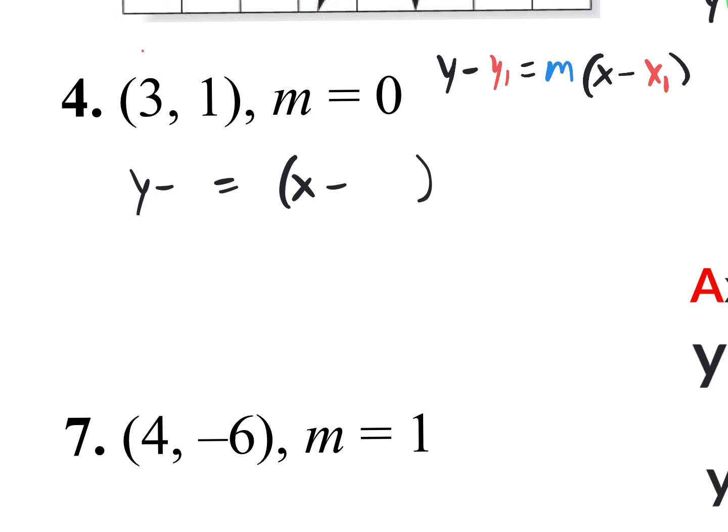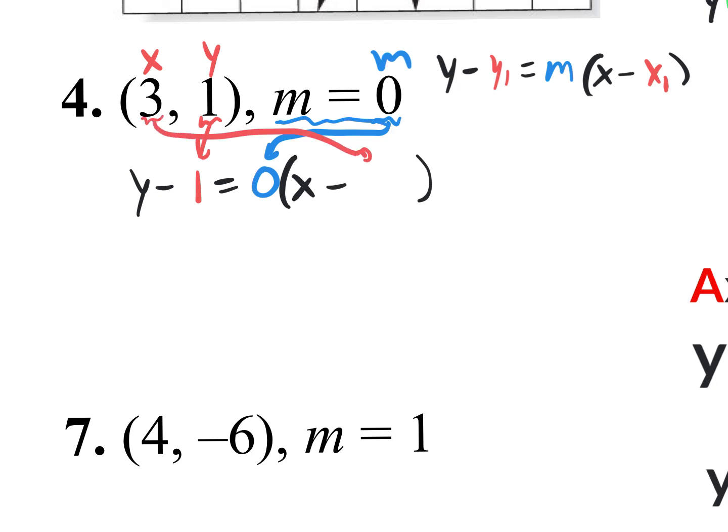And I'm going to label my x value, my y value, and also obviously my m value of 0. So my m value of 0 is going to go right here where the m belongs. My y value of 1 is going to go right here where the y belongs. The x value of 3 is going to go over here where the x belongs. Technically, I should have labeled this x1, y1.